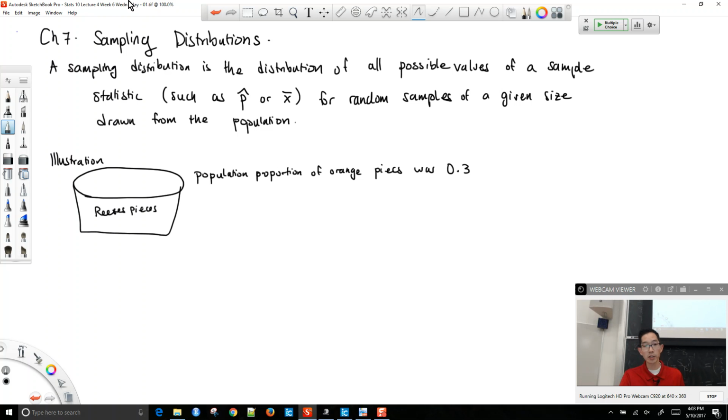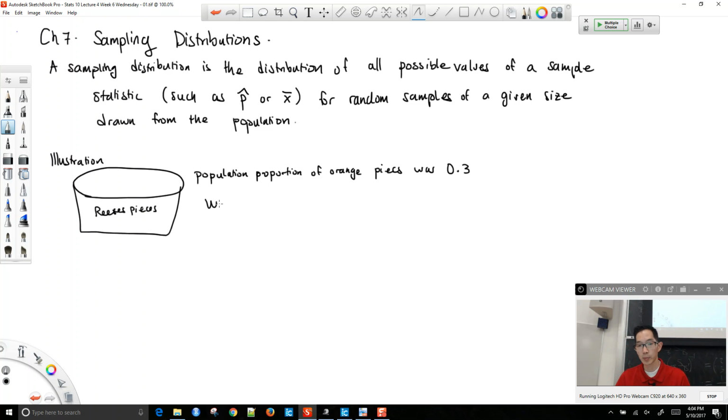Let's imagine repeatedly drawing random samples of a given size, I think we said 50. For every random sample we draw, we calculate the p hat that we see. We do this thousands of times, keeping track of every single p hat, and that builds up the sampling distribution we're interested in.